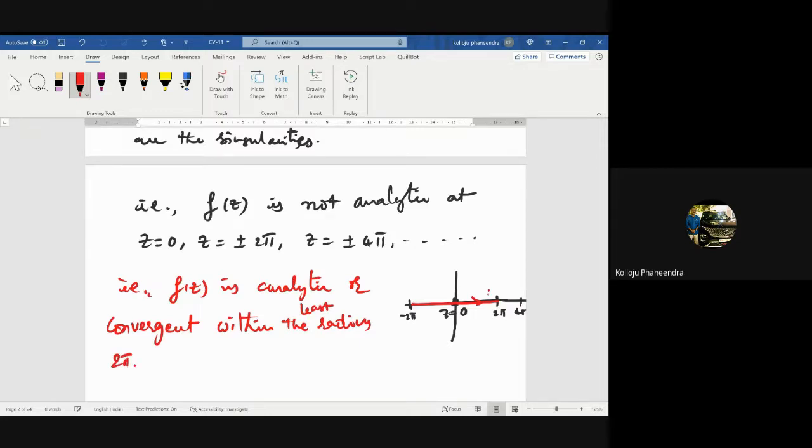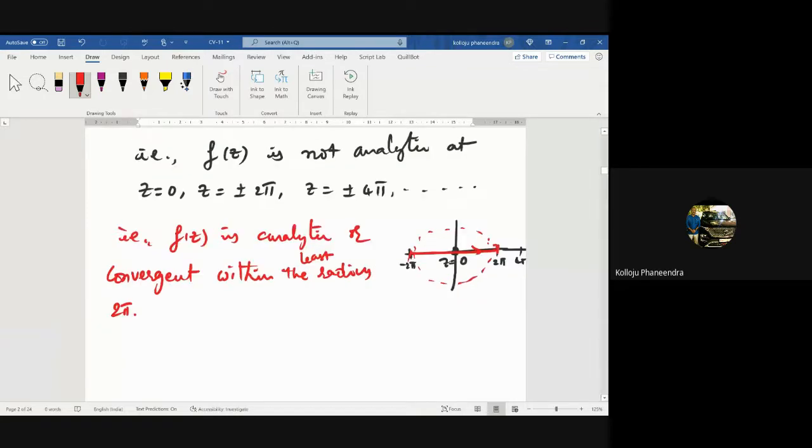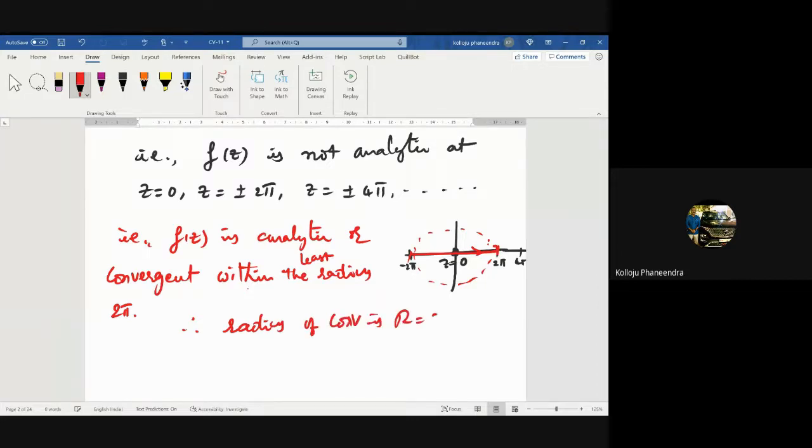That means if I construct a circle with radius 2 pi, at 2 pi it is not analytic, but within 2 pi it is analytic. Got it? Therefore, f of z is analytic or convergent within the least radius 2 pi. Therefore, this is another way of finding the radius of convergence: R equal to 2 pi.